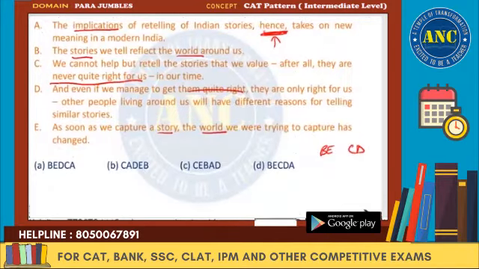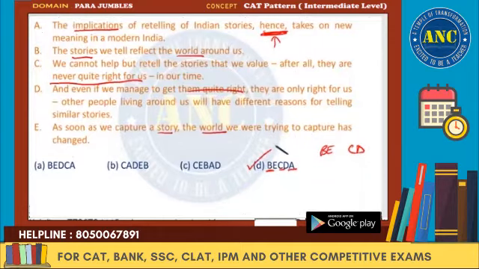Because it is taking all the facts that were discussed so far and is coming to a conclusion on the basis of those facts. The implications of retelling of Indian stories hence takes on a new meaning in a modern India. So A is a good way to complete or finish off this paragraph. We have BE together, we have CD together, we have the conclusion.